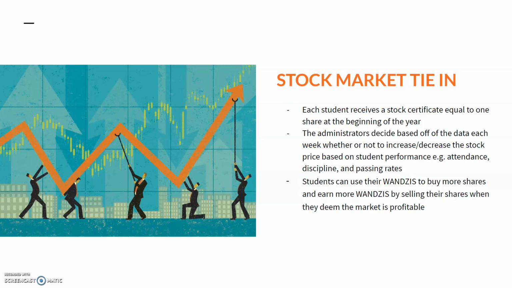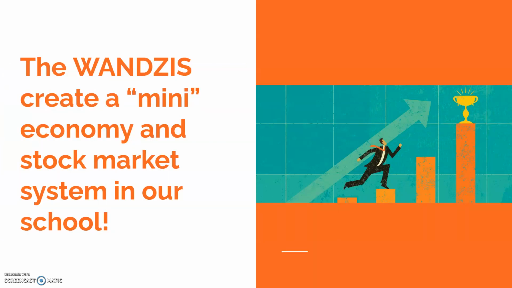And they can use their onesies again to buy whatever they need in the classroom. So it's teaching them how to use their money wisely. And if they run out, they run out. If they're done after that, they have to somehow find a way to earn more. So it's creating a mini economy and stock market system in your classroom or school.